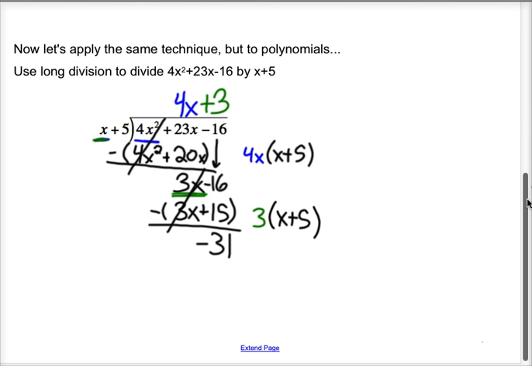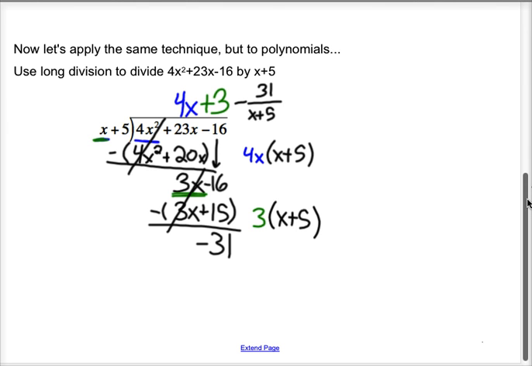Now, notice here, x plus 5 can't go into a constant, and I have no more terms to pull down. So what that means is this is my remainder. So that negative 31, and remember, the remainder means it is still being influenced by what is doing the dividing.